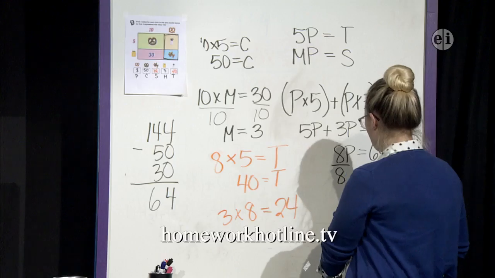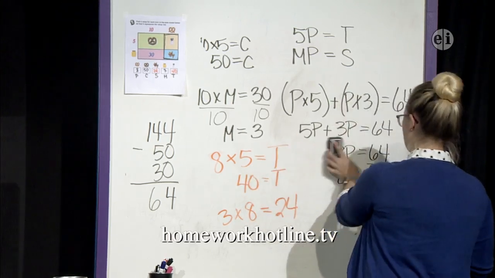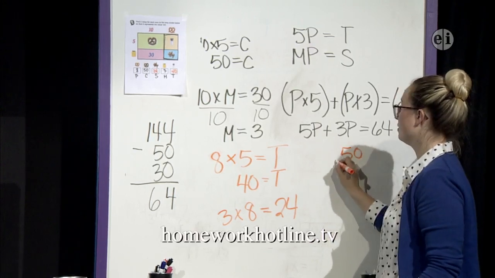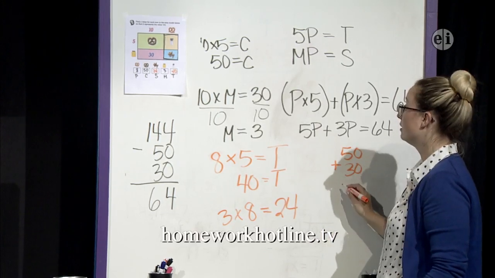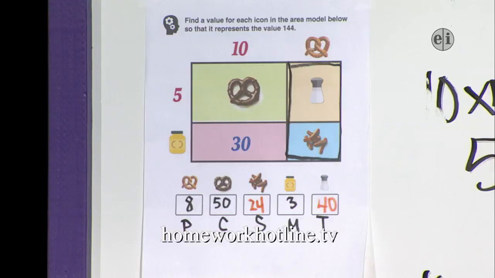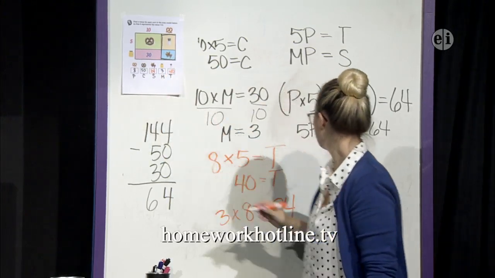And then it's always good to go back and check our work. I'm erasing this. We have 50 plus 30 plus salt, which is the area of this spot, which is 40. And then we have our pretzel sticks, which was 24.